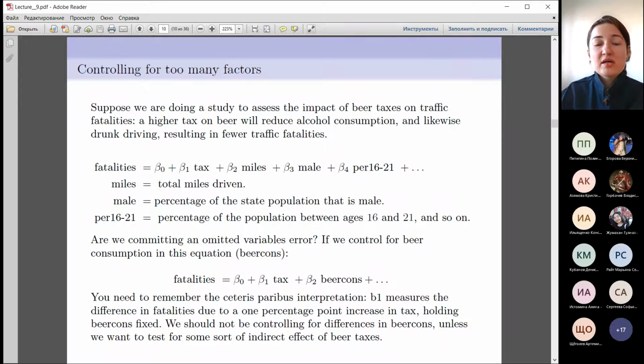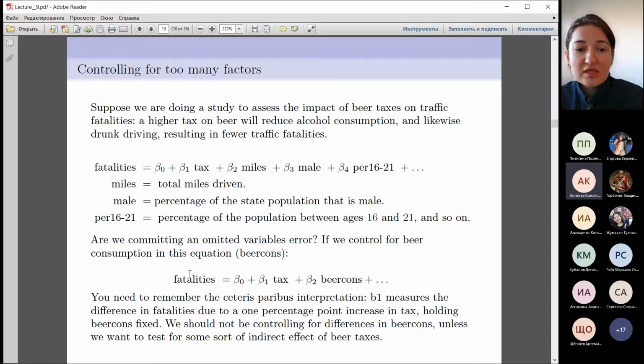Because if you remember the main interpretation of our model in the multiple regression model, you interpret this through the ceteris paribus effect. So in other words, you want to find how the change in tax rates affects the decrease or increase in the fatality rates, holding beer consumption fixed and all other factors. So what does it mean really?